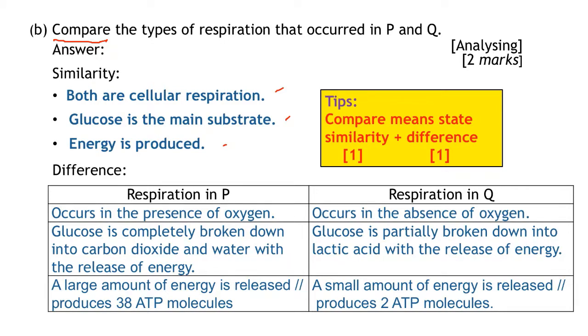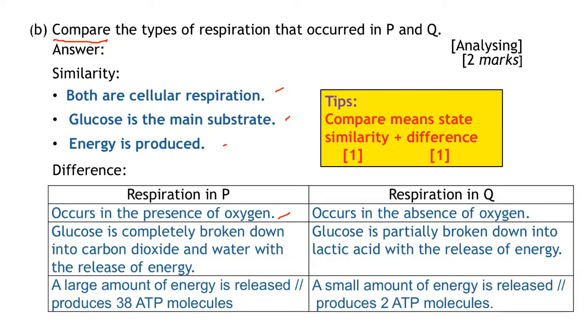We look at the first answer. The first answer is the comparison between the presence of oxygen. Respiration in P occurs in the presence of oxygen, whereas respiration in Q occurs in the absence of oxygen.